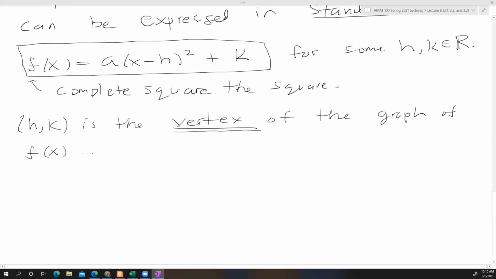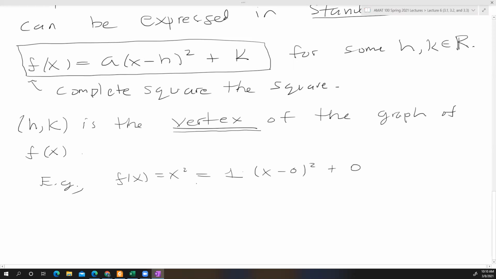Let's just go back to our standard example. When f of x is x squared, it can be written as 1 times x minus 0 squared plus 0, right?